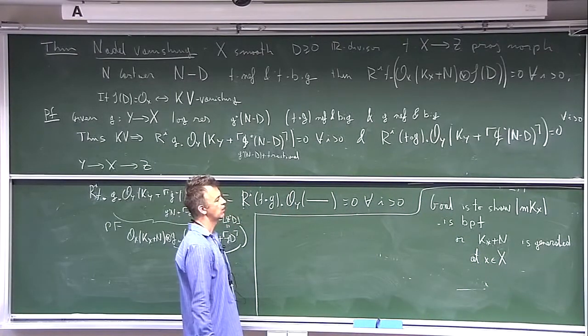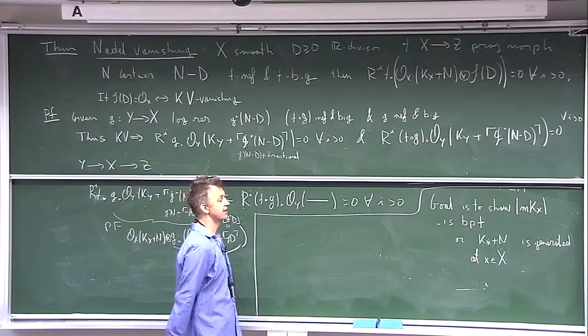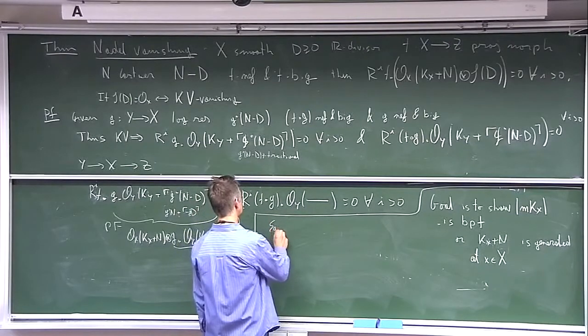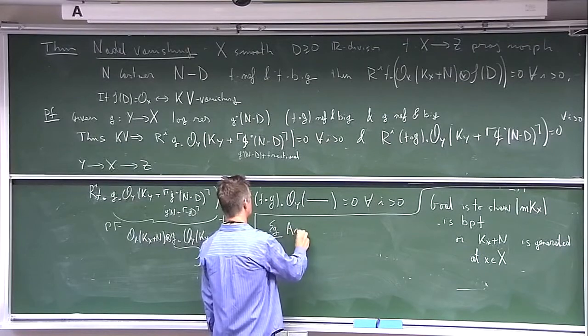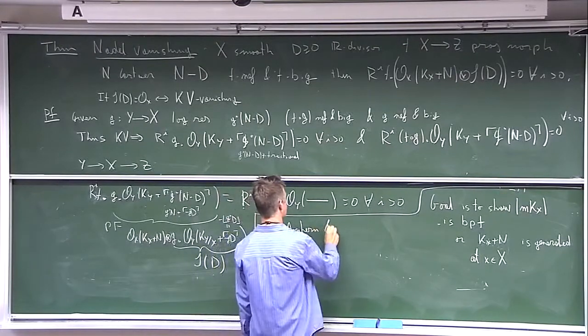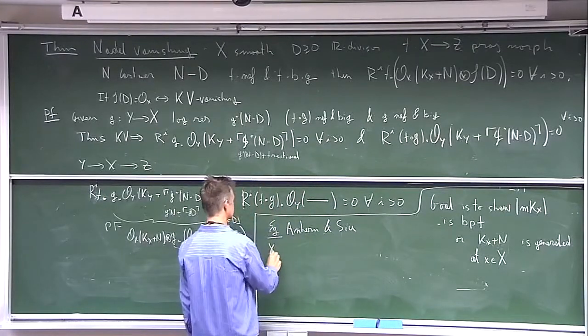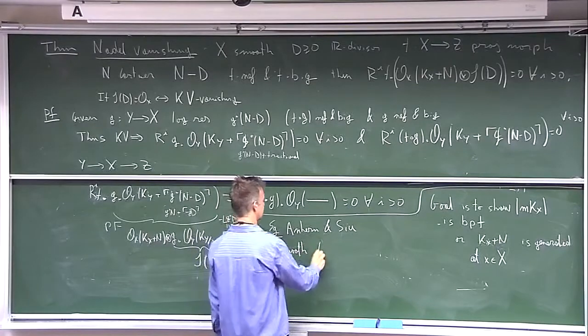So what's one example where there's a big theorem that smells like this? For example, there's this big result due to Angehrn and Siu, which states the following. So X is smooth. There are stronger versions, but let's say A is ample.